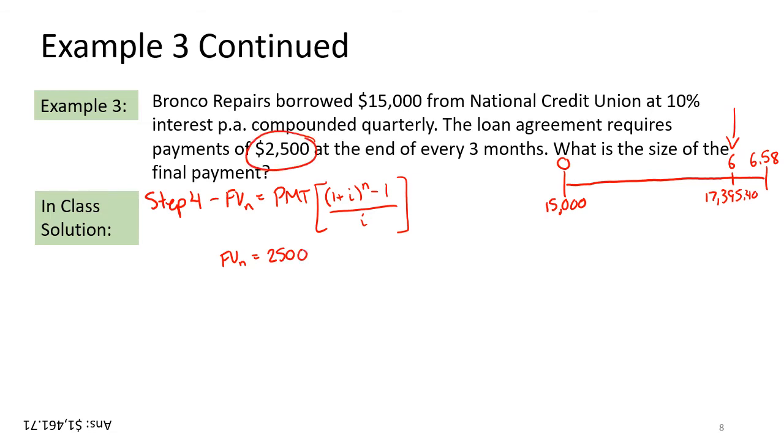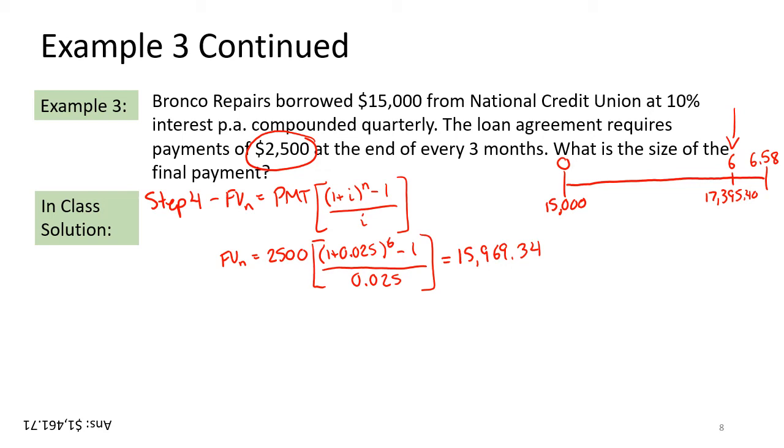It's also given up here. Multiplied by 1 plus the periodic interest rate, 0.025. And we're going to the exponent 6. Remember, we're moving 6 payment periods into the future. Minus 1 divided by our periodic interest rate, 0.025. Okay? And if you calculate that out, all right, you get a value of $15,969.34.